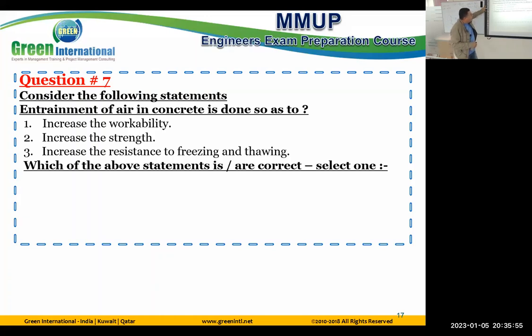Which of the following statements is or are correct? The options could be 1, 2, 3 together, or only 1, or 1 and 2, 1 and 3, 2 and 3, or 3 only.